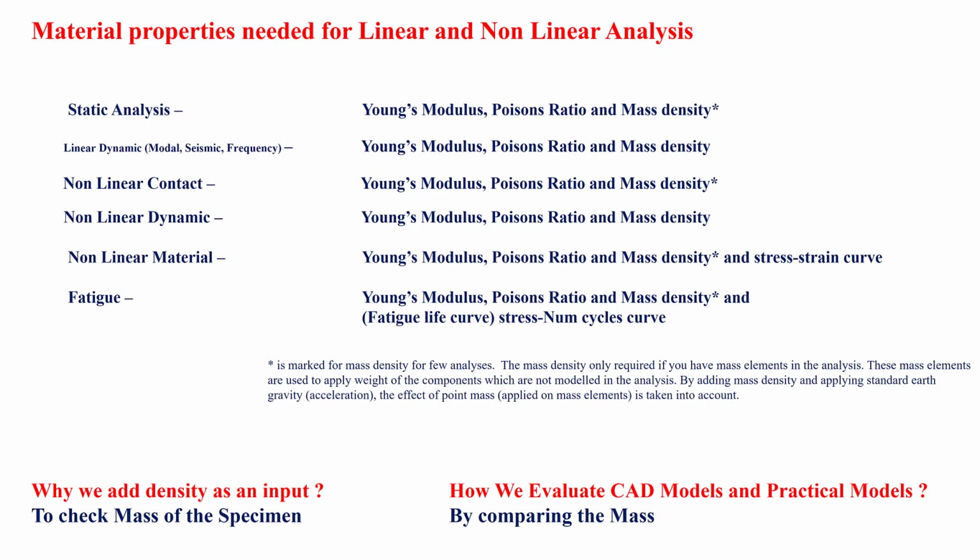Actually, this question was asked of me during one of the interviews which I had gone through. I didn't know the answer of why we exactly have this mass density. Even in the past we had covered Poisson's ratio, Young's modulus, stiffness matrix, but I didn't see this density being implemented in the formulas.